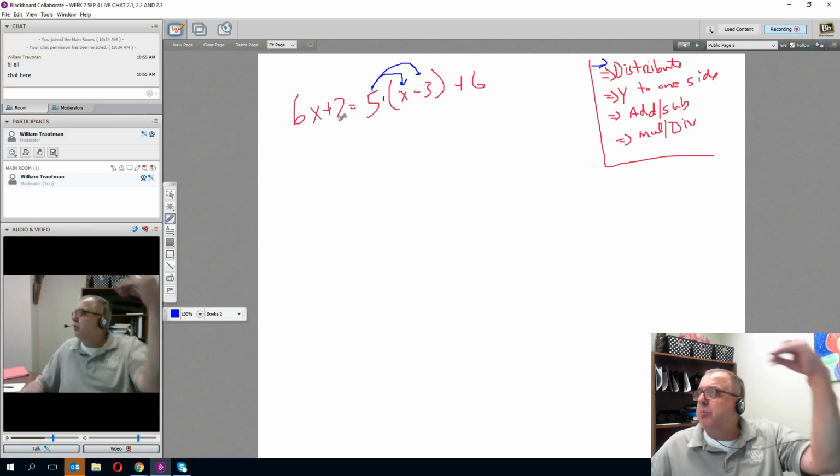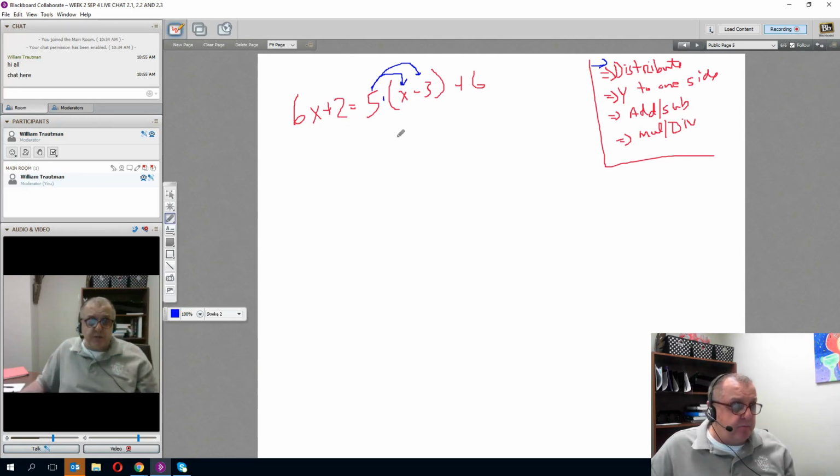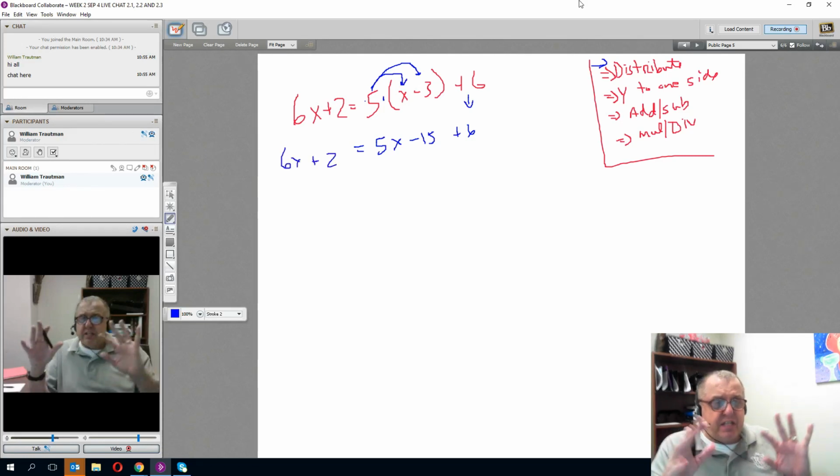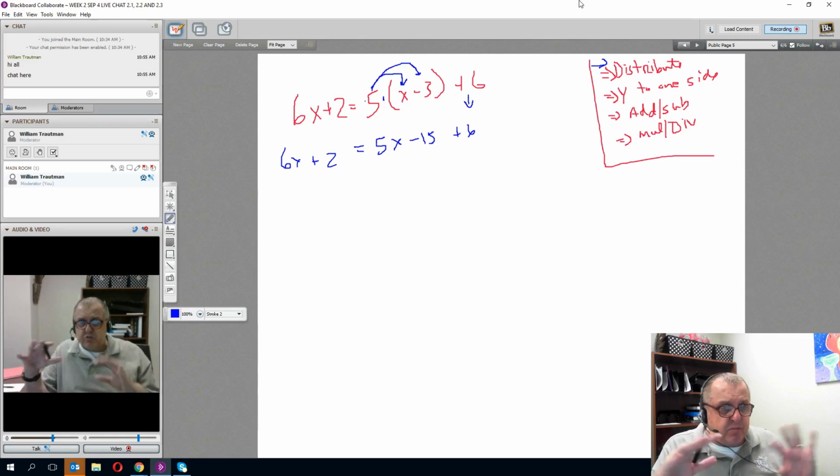You have to multiply it times each term in that parentheses. 5 times x is 5x. 5 times a negative 3 is a negative 15. Then I bring down the 6x and this 2. So I got everything on one side. I distributed first.